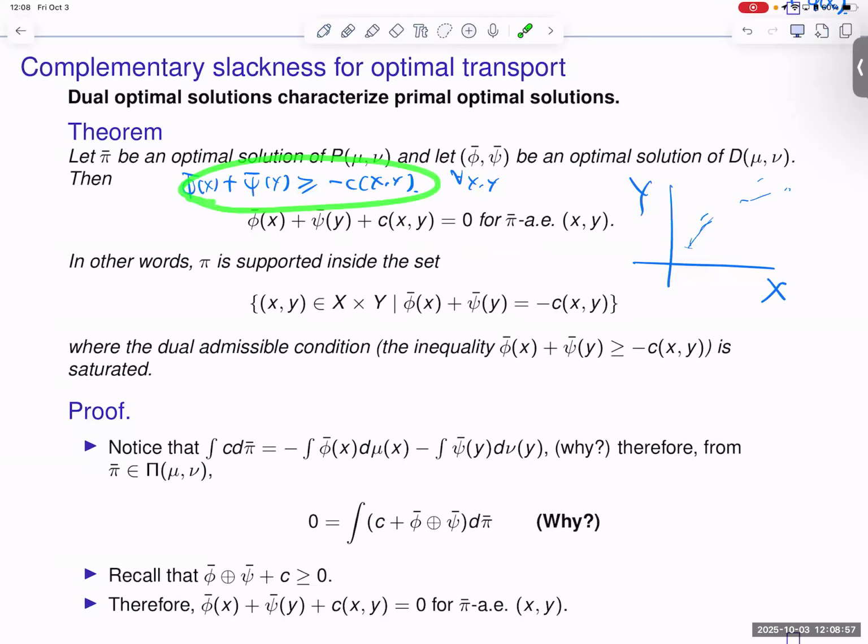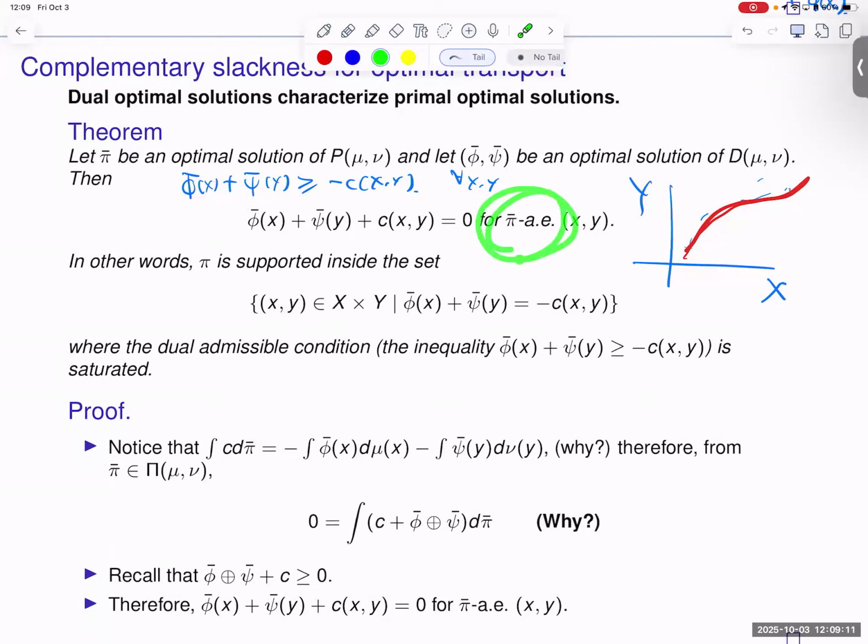For the inequality, any point works, but for that equation only a very special set would work, right? So this means your optimal transport plan should be supported on some special set. Am I making sense here?